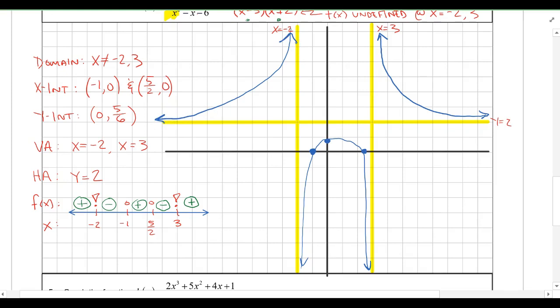Okay, folks, congratulations. You just graphed your second rational function. I would encourage you to check these on your calculator and see if they match up with what we've done here. This one, to be honest, I probably was a little bit too extreme there. That thing's going to come down and maybe do a little bit more of this.